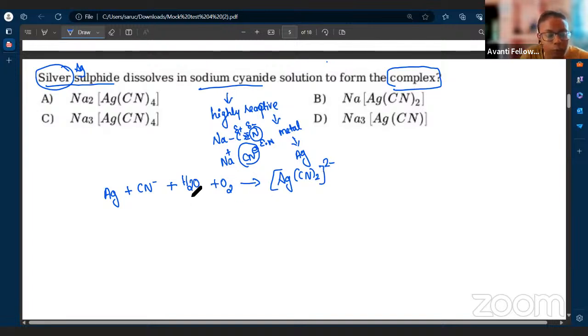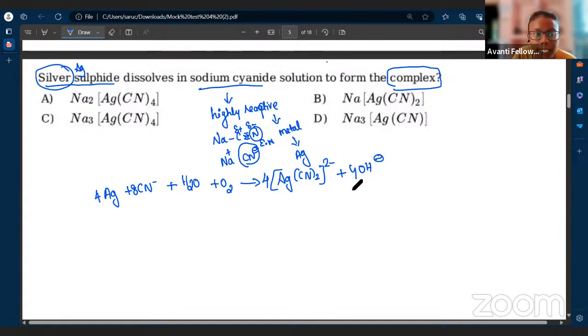We'll balance this equation so it will be easier. 4 times Ag plus 8 CN- will give you 4 [Ag(CN)2]- plus 4 times OH- will move out. So what would be the complex form?